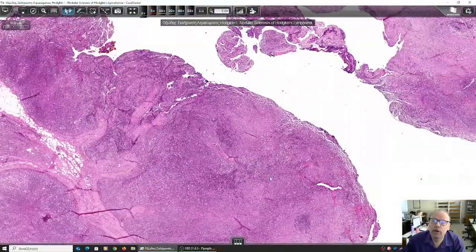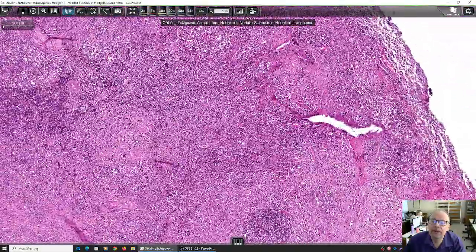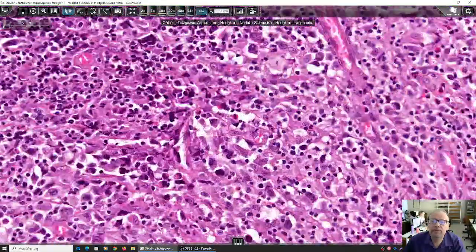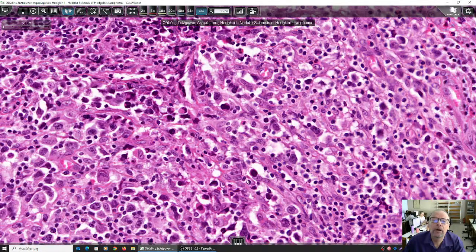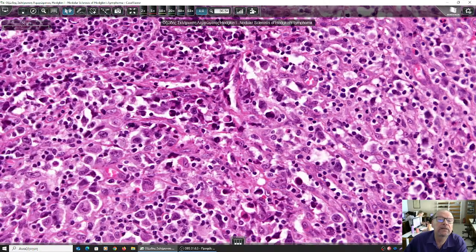Everywhere you look, you find such cells. So, some of them are dividing. It's logical because these are the neoplastic cells of the lymphoma we are studying now, so it's logical that they have increased mitotic activity.